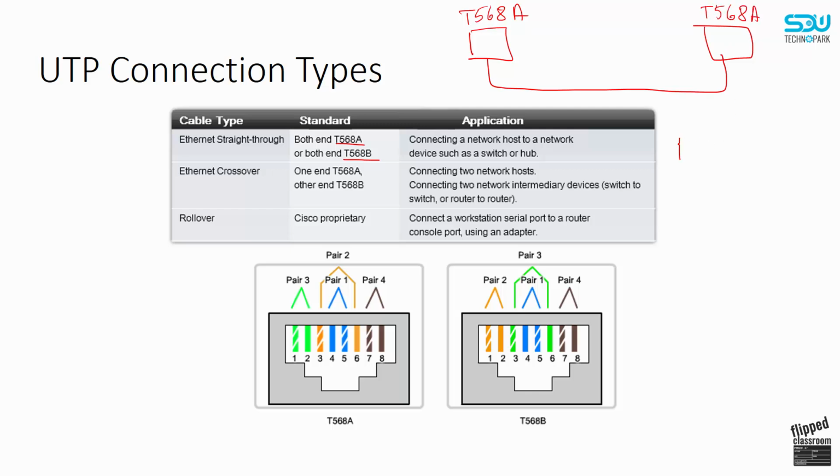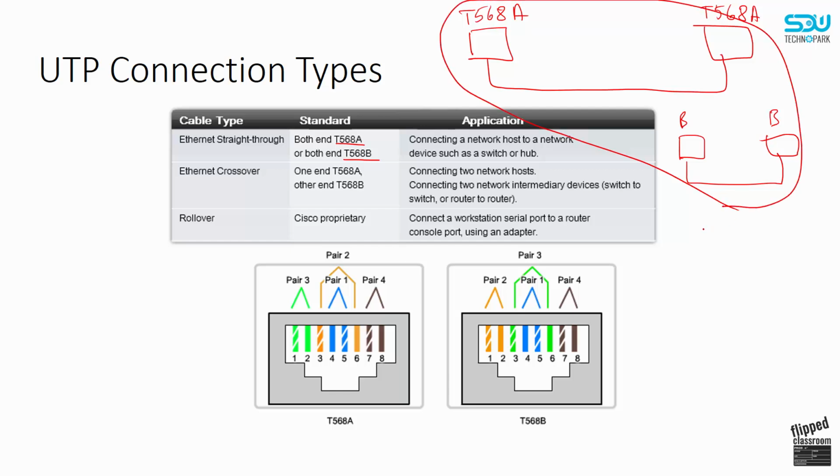Or it can be B and B from both sides. Then this type of cable is called a straight-through cable.